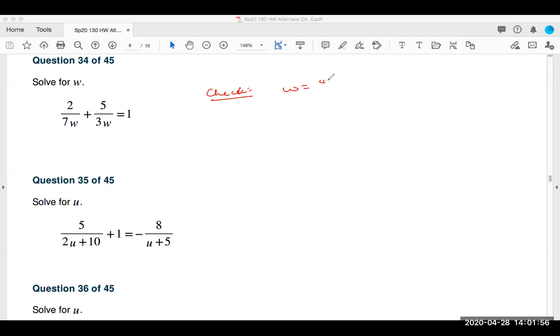W equals 41 over 21. Check it in the original. Check your solution in the original equation. You could use a calculator for this. If you get confused about that, let me know.